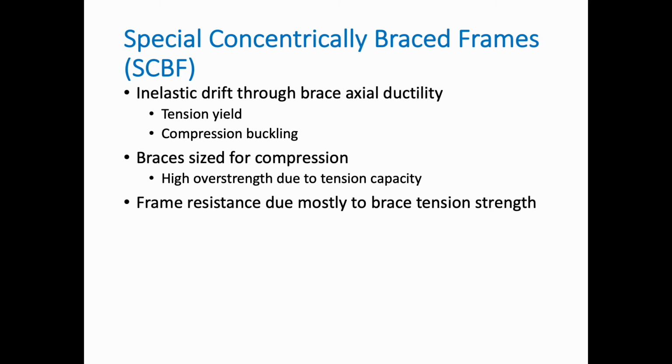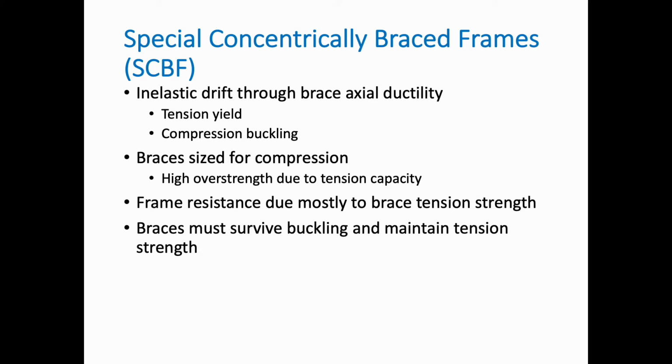When it comes to the frame resistance, the frame itself is defined by the brace tension strength. So the capacity of the frame is much higher. The braces must survive buckling and maintain tension.